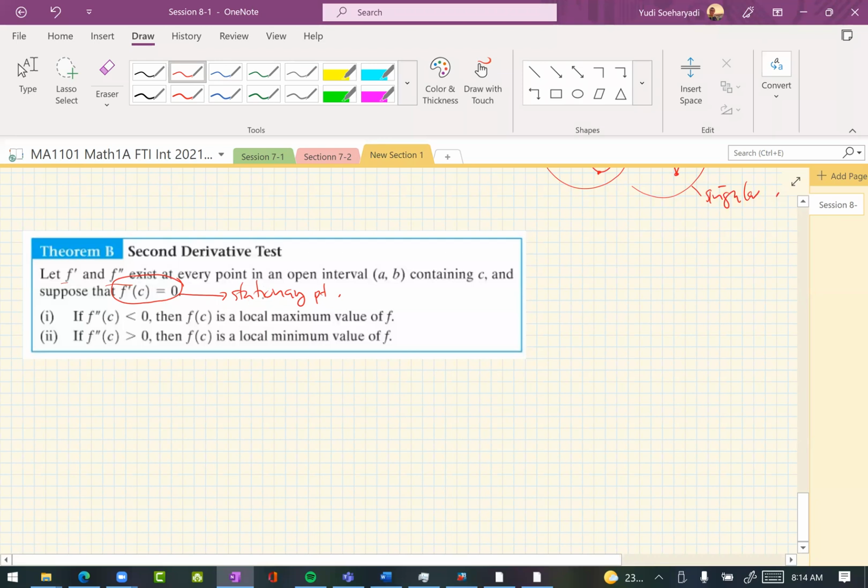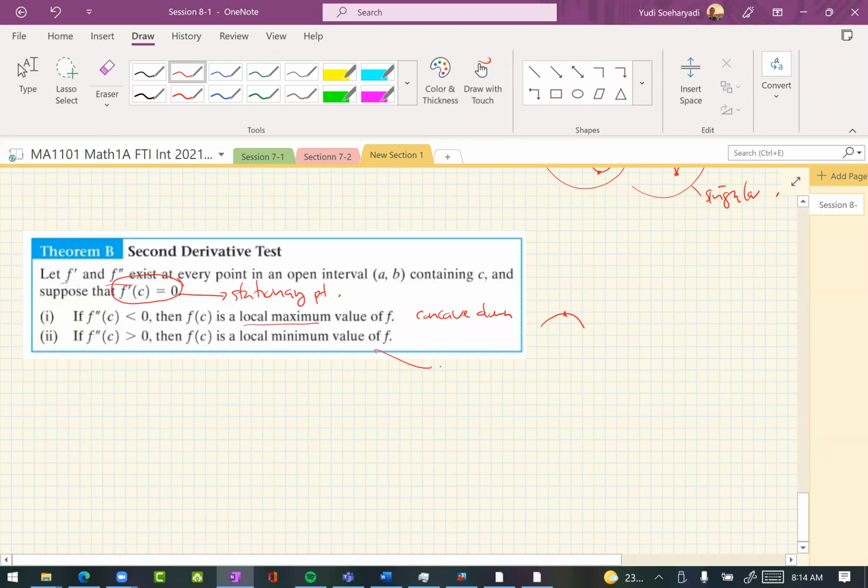All right, when you have a stationary point and the second derivative is negative, concave down, so that means it looks like this, then it is a local max.